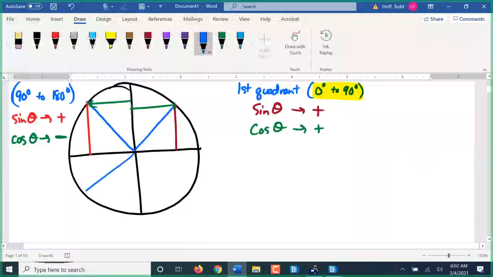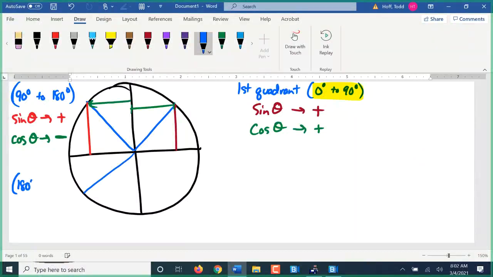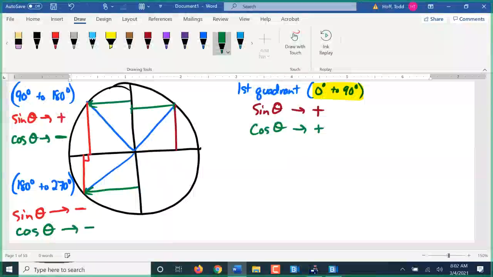Well, let's look in here. In the third quadrant, the angle is between 180 degrees and 270 degrees. Here the sine is below the axis, so the sine of that angle has to be negative. The cosine is still to the left, so the cosine of that angle is also negative.